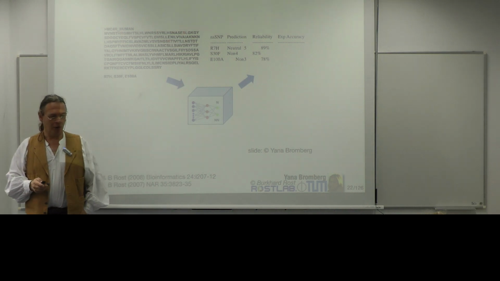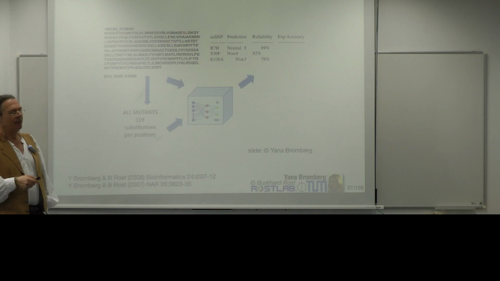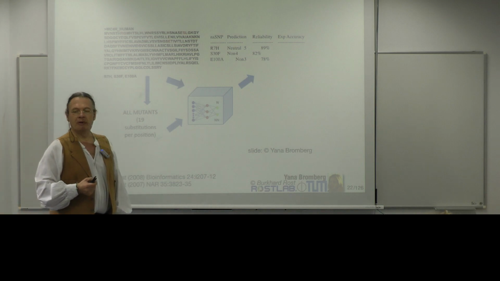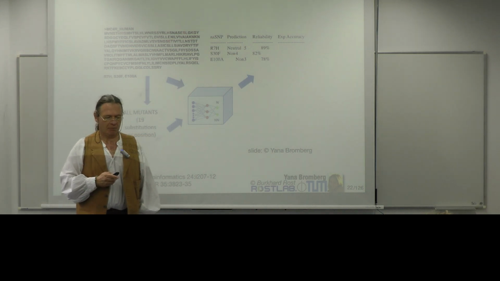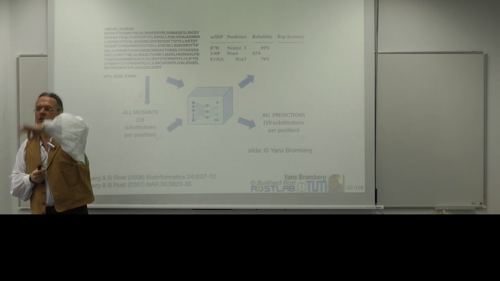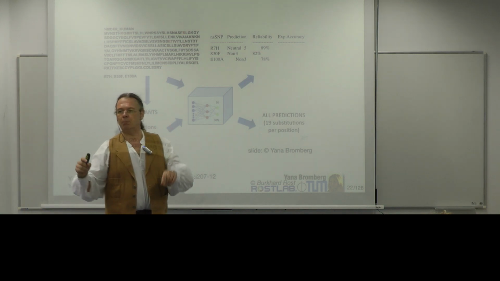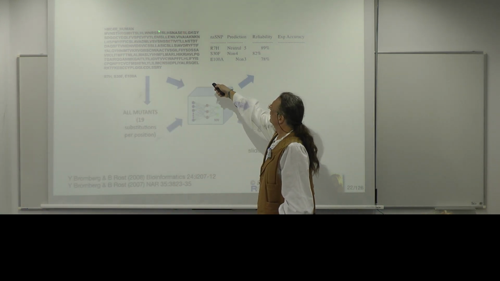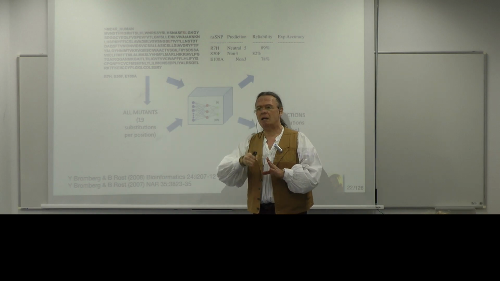And when you predict all of those, you can create a landscape of mutability, of change, of sensitivity to change. Because this is not all the changes. I'm still doing only individual change. I'm not doing pairwise, so I'm not picking two positions and changing this one and that one. I just do it one at a time.